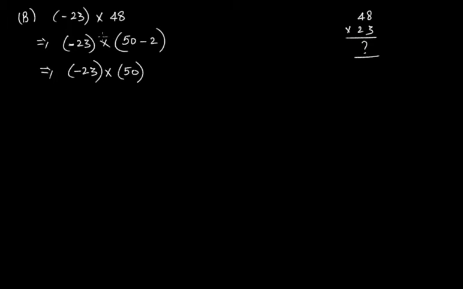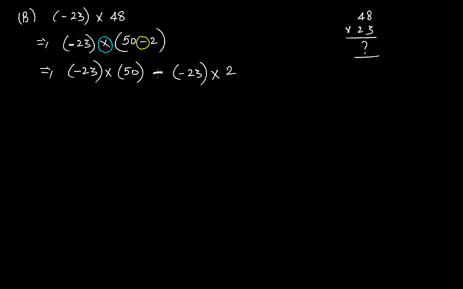Why? Because we have multiplication here, and within the bracket we have a subtraction. That's why this minus sign will be here, and then you have minus 23 times 2.